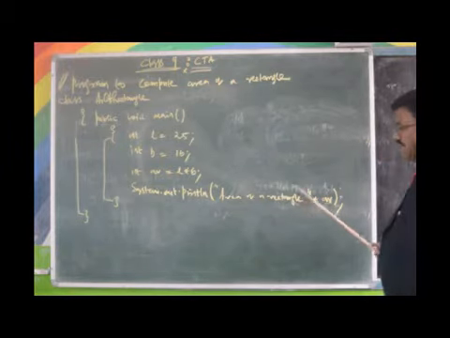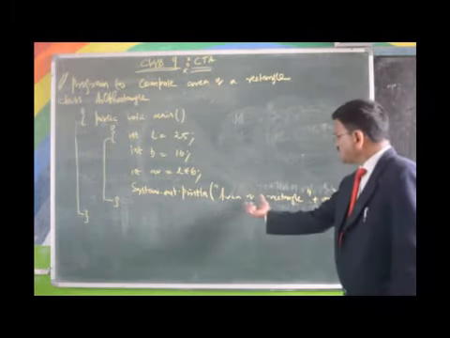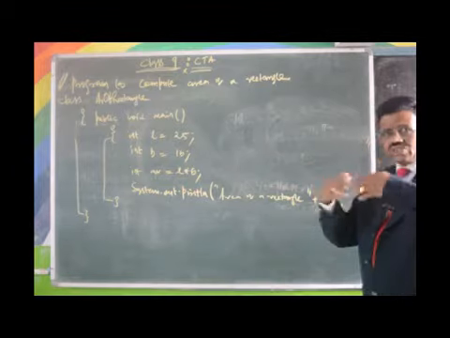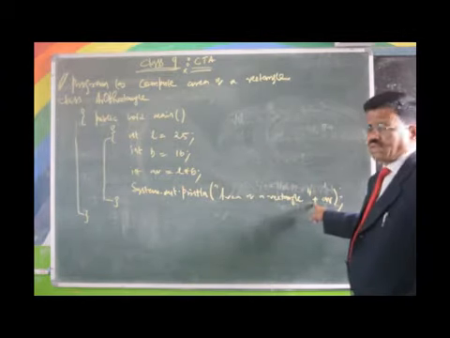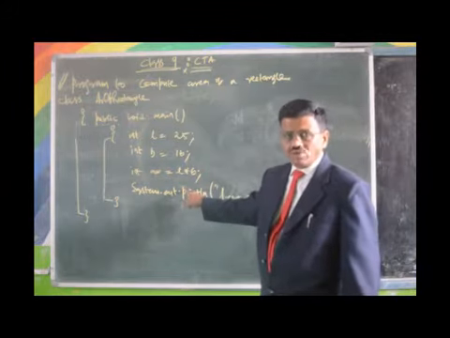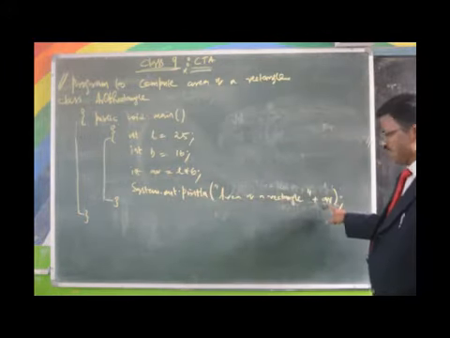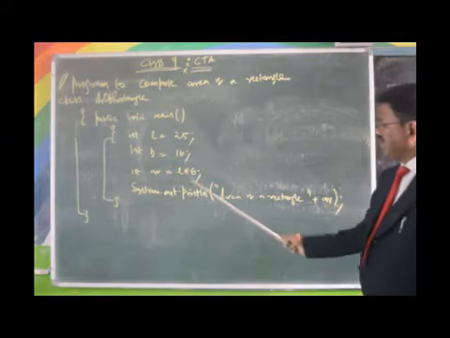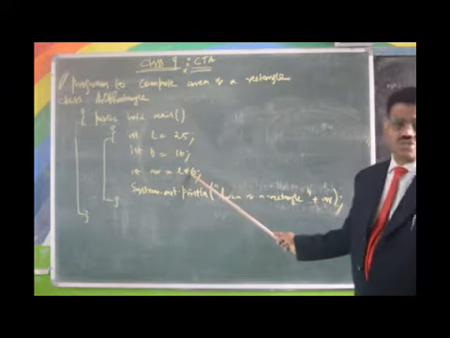Area of a rectangle. This and this, I adjoin with the help of a plus symbol. What is the area value? The area value is whatever the computer has calculated, and that value will be displayed.